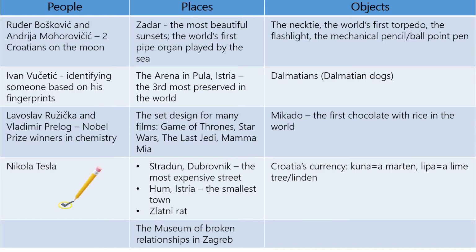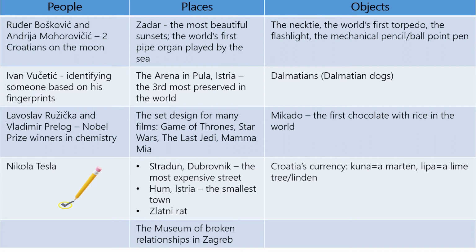Let's check now. The people mentioned in the video are Ruđer Bošković and Andrija Mohorovičić, two Croatians on the moon. Ivan Vučetić, related to identifying someone based on his fingerprints. Lavoslav Ružička and Vladimir Prelog, Nobel Prize winners in chemistry.